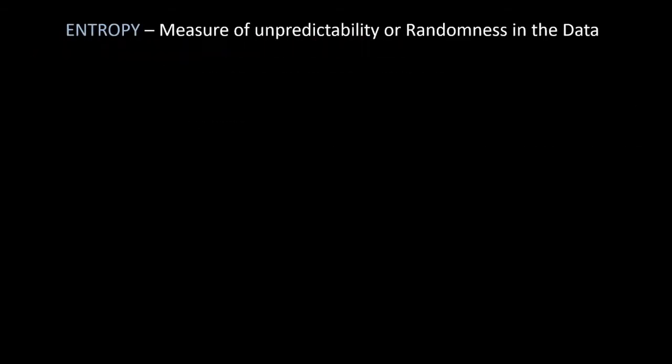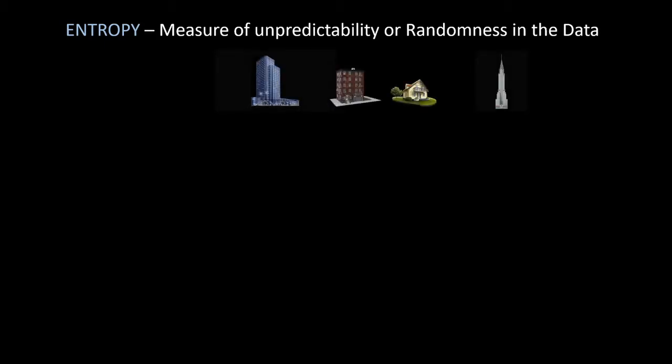And I want to talk about this idea, entropy. Entropy is a measure of unpredictability or randomness in the data. So let's look at an example here. We have 4 different types of buildings.